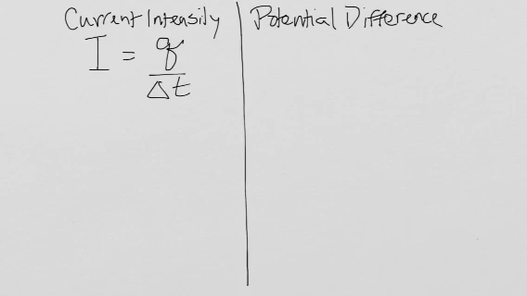So volts, or potential difference, is going to be equal to the amount of energy in relation to the actual charge. Look at these two formulas. There's one similarity between the two of them. What is it? They both have charge in their formula.